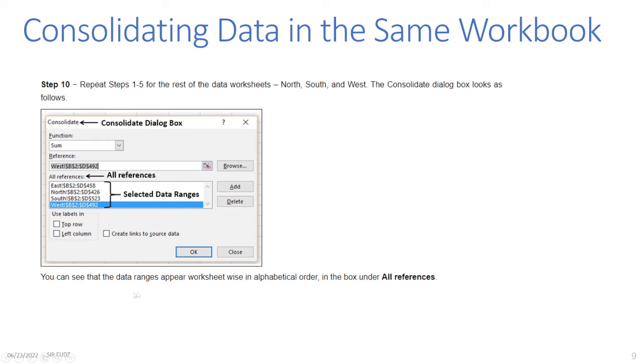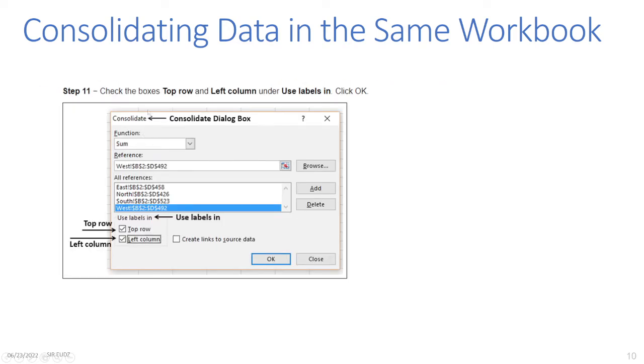You can see that the data ranges appear worksheet-wise in alphabetical order. In the box under All References, check the box top row and left column under use labels in, and then click OK.